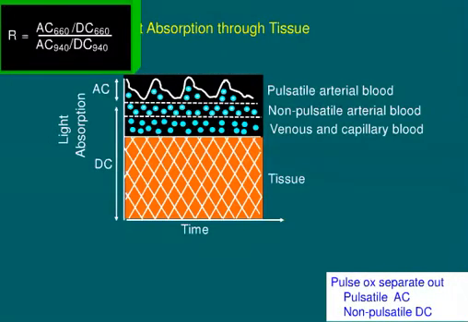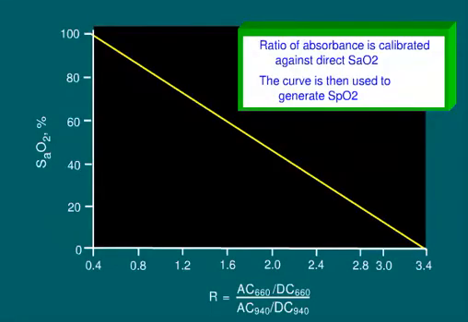So the way pulse oximetry deals with this problem is it separates out the pulsatile or alternating current from the non-pulsatile or direct current. And then it divides the AC over the DC for these two wavelengths. This ratio is then calibrated against direct measurements of arterial oxygen saturation.